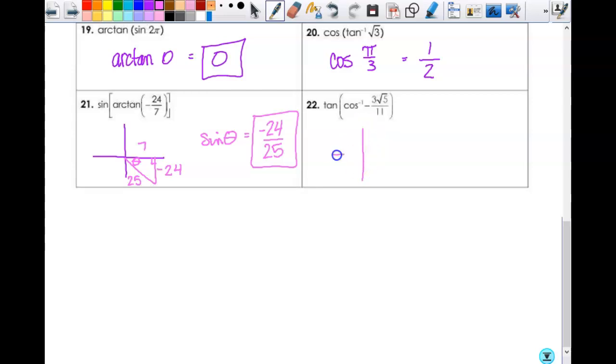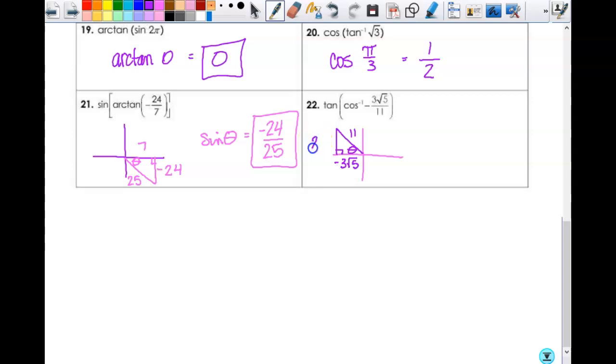All right, so then I have to draw a triangle for this one also. This cosine is negative, so then that means I'm in the second quadrant. Cosine is adjacent over hypotenuse, so this is 3 square root of 5, and this is 11. We'll make that negative there. Then I do Pythagorean theorem, because this is definitely not a Pythagorean triple.